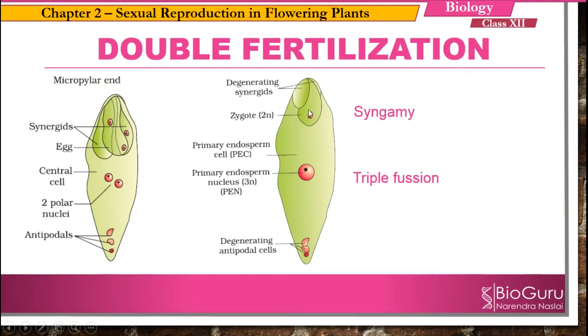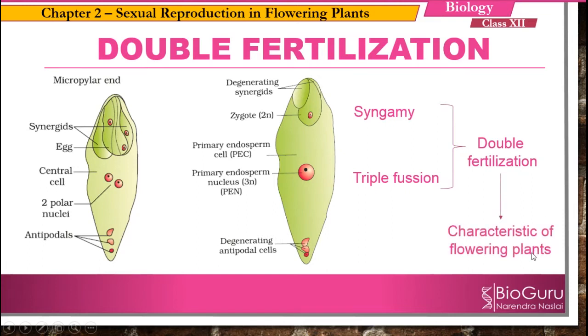One male gamete after fusing with the egg cell forms the zygote, and the other male gamete, when it fuses with the polar nuclei, forms the primary endosperm nucleus. Since two kinds of fusion, that is syngamy and triple fusion, take place, the process is known as double fertilization. And this double fertilization is the characteristic of flowering plants.